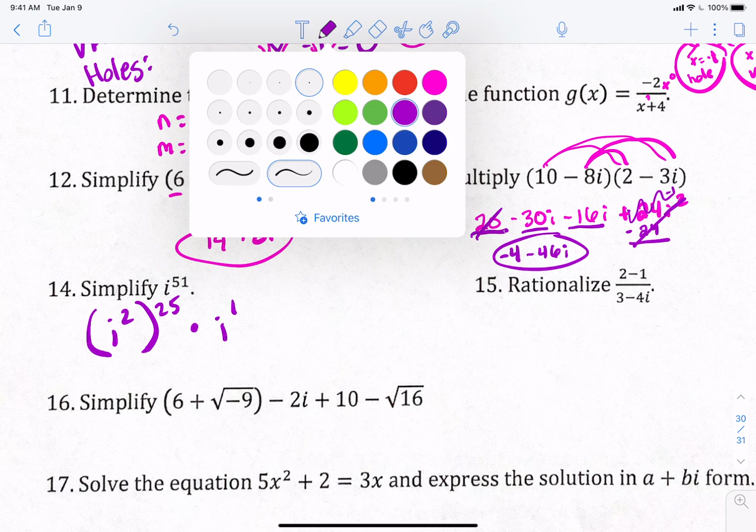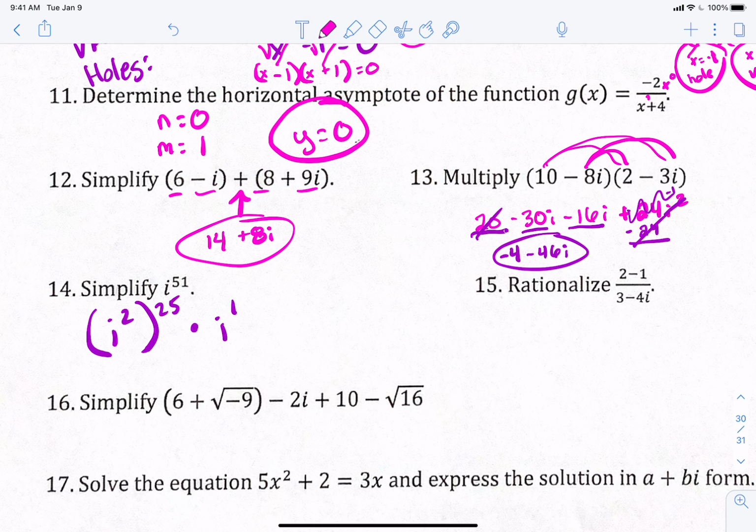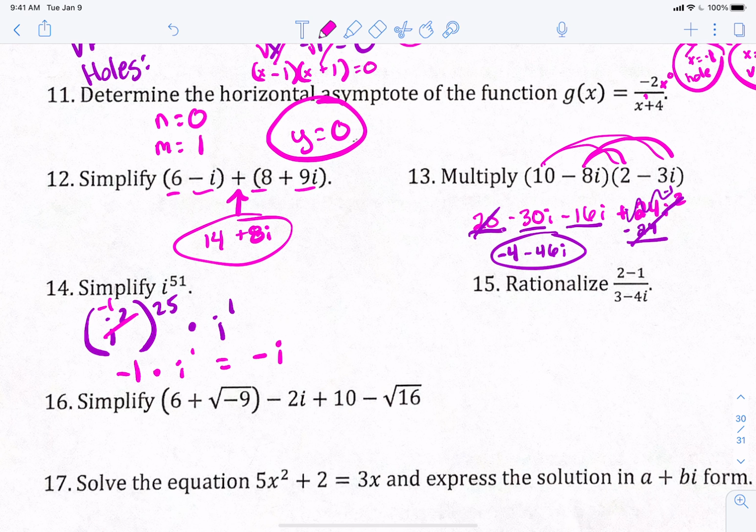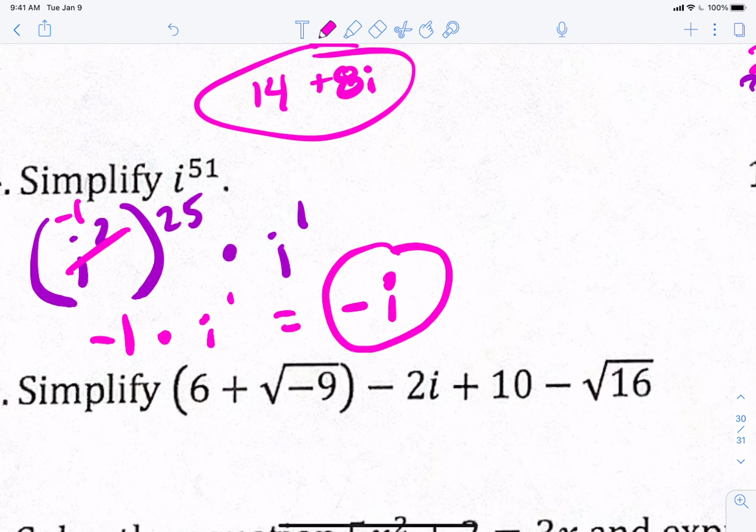Every single one of these you write like this. Now hold on. What is i squared equivalent to? Negative 1. If you take negative 1 times itself 25 times, it gives you a negative 1. Times i to the first power. Negative 1 times i to the first power is negative 1i or just negative i. Does that make sense?